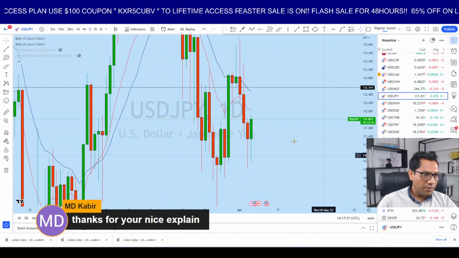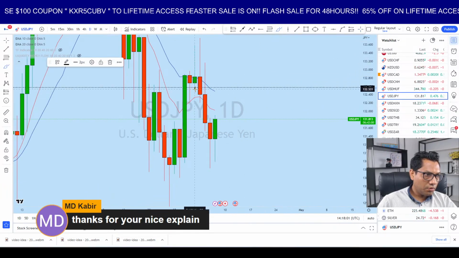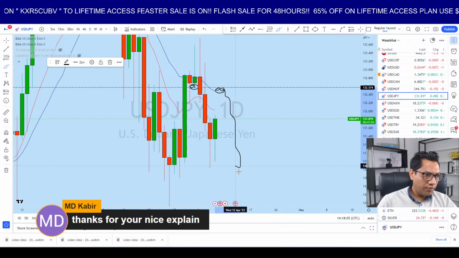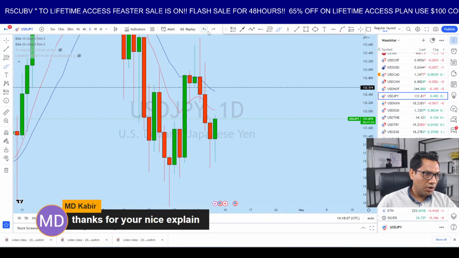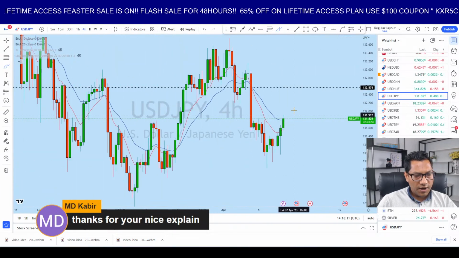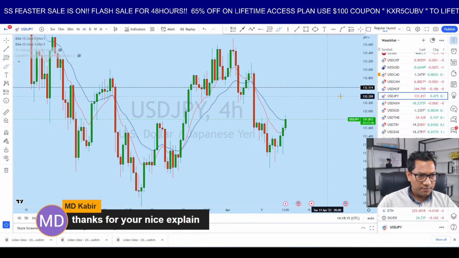So dollar yen might be going to the daily support, which is turning resistance here, and then from here we can expect to sell dollar yen. We might now see dollar yen going up for a deeper pullback.